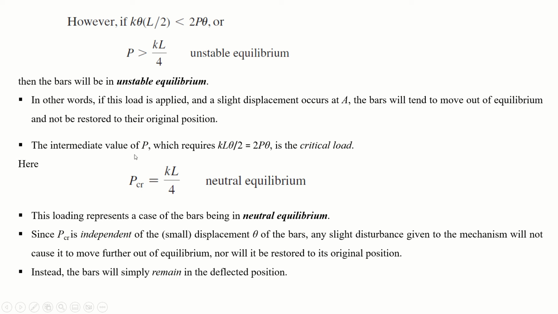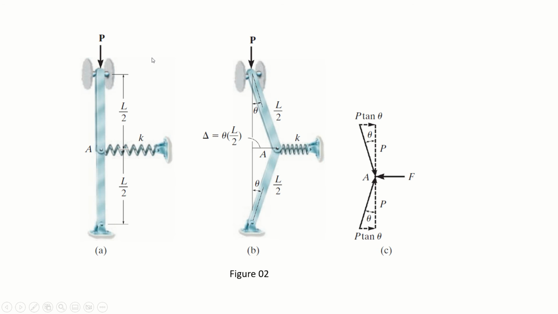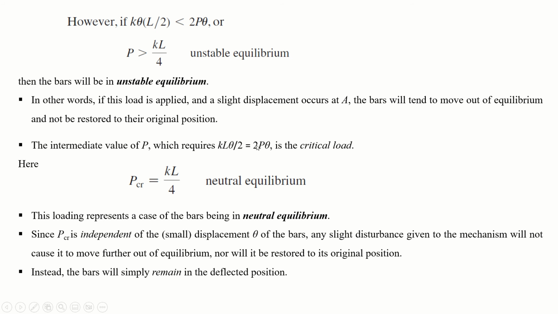The intermediate value of P, which requires K L theta by 2 to be equal, because till now we have discussed either greater than or less than, right? So what happens if it is equal? In that case this is called the critical load, because in this condition the neutral equilibrium will be there.